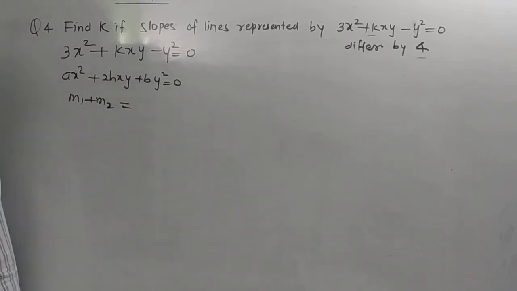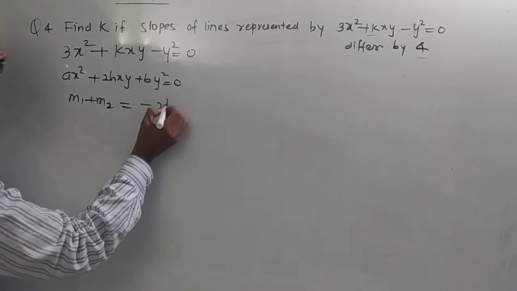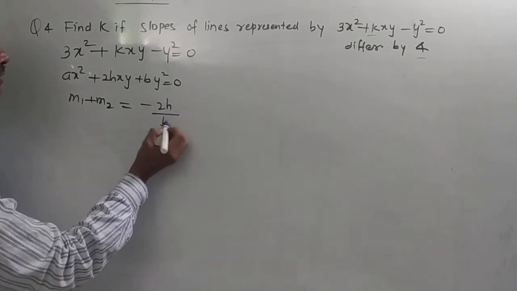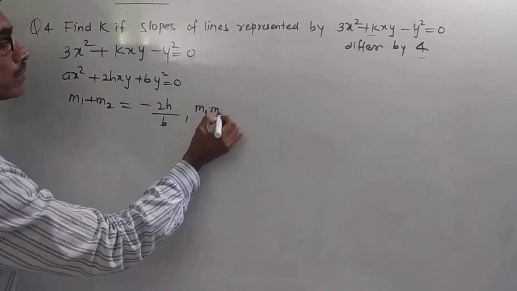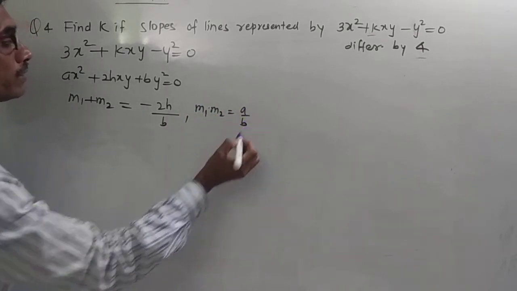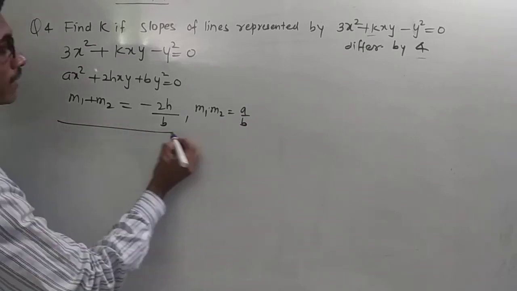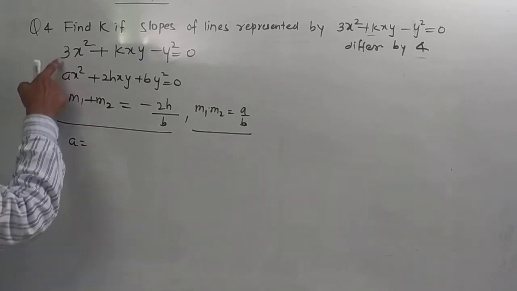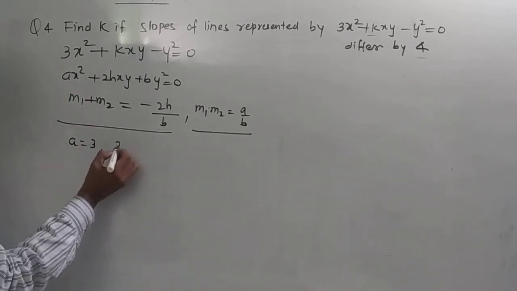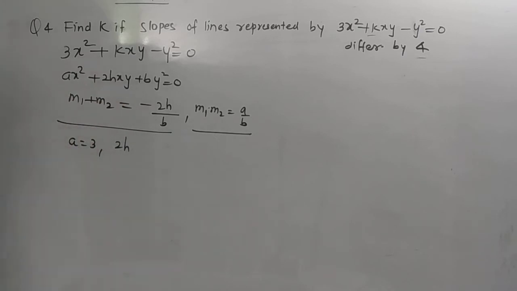So m1 plus m2 is minus 2h upon b, and m1 into m2 is a upon b. You have to remember these relations. Then accordingly we'll find a. a is equal to the coefficient of x square, which is 3. And 2h, the coefficient of xy, is k.